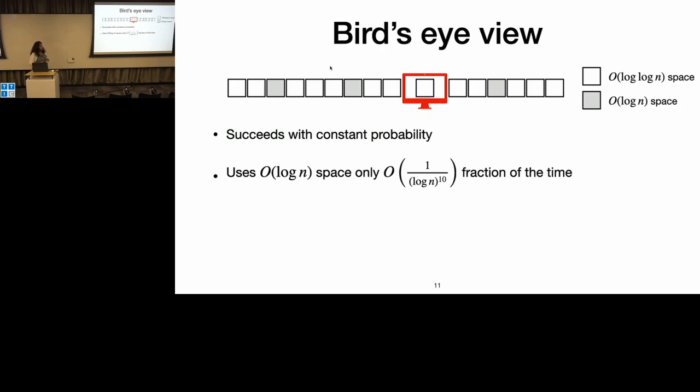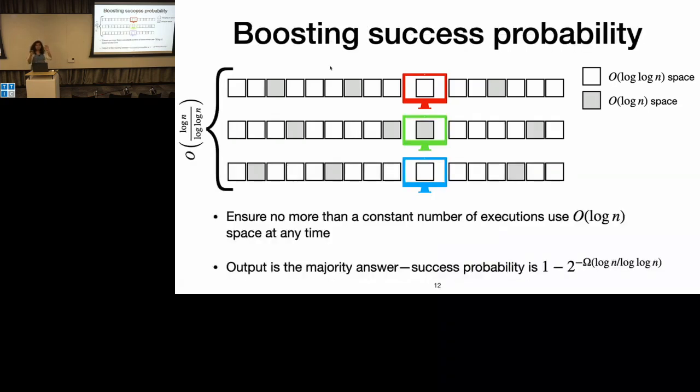And there is this tiny portion where it uses log n space. And then our idea is that we can boost the success probability by running several parallel executions. We're just going to make sure that because any one algorithm uses log n space in a very tiny fraction of the time, not too many of them, maybe 10 of them, use log n space at a time. So overall, the space usage is not more than log n space.